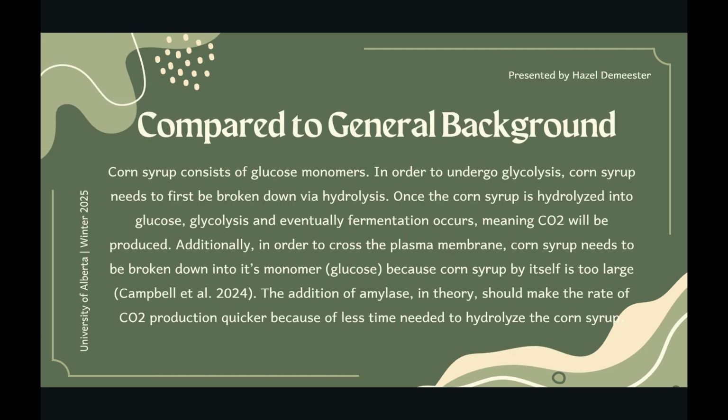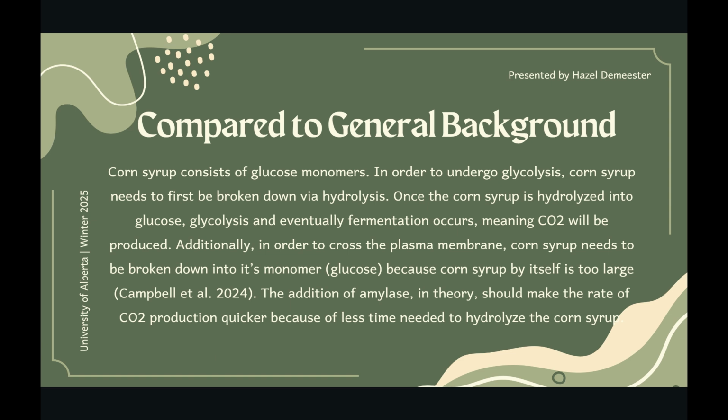So, just for some discussion here, in order for corn syrup to be processed into ethanol eventually, it has to be broken up into its glucose monomers. Now, yeast cells have their own processes and enzymes that break down the corn syrup into its glucose monomers, and then it can be brought across the plasma membrane.